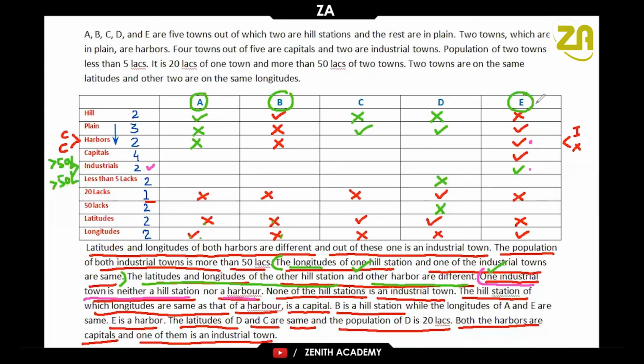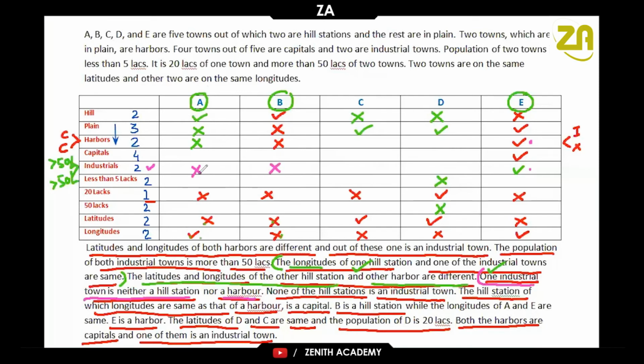E is not that one, correct? E is not that one because E is a harbor. And this information is about that one that is neither hill nor a harbor. Okay, so it means this condition is about the other industrial town. And look, it means A and E cannot be industrial.